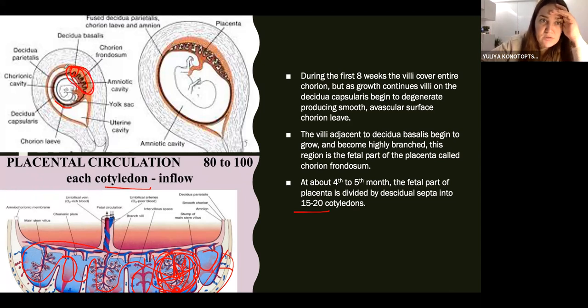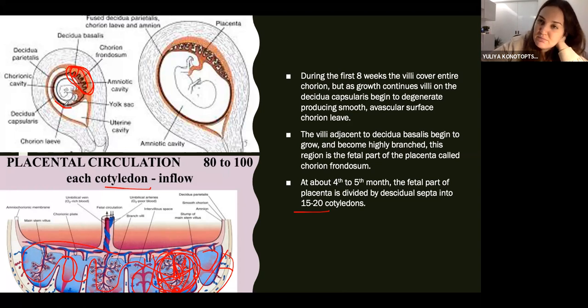Your embryo was implanted in the endometrium, so of course it is surrounded by a bit of endometrium as well. That's called decidua capsularis, right? And in the inner part there will be an additional fetal membrane, which is called chorion laeve. It's the smooth one. It doesn't have any villi.